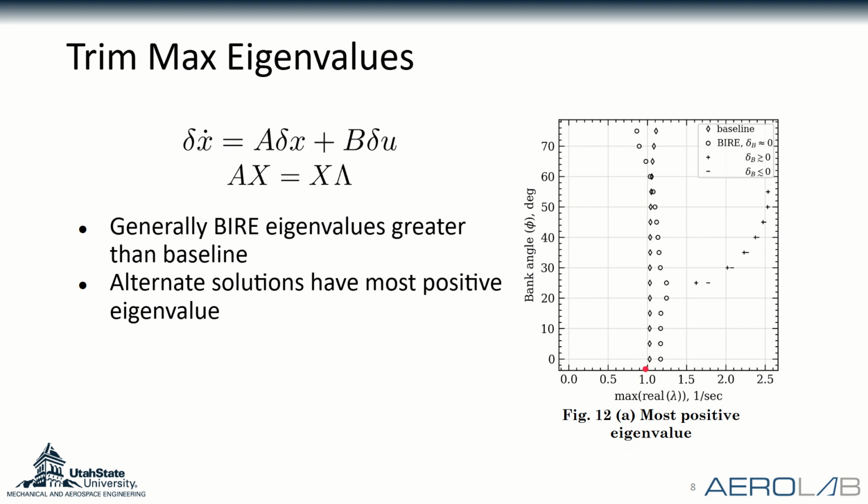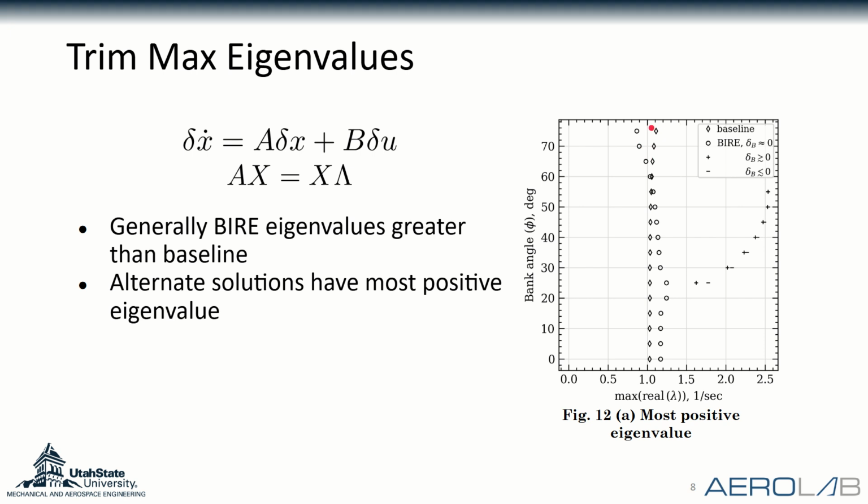Now, you can see the baseline aircraft kind of stays the same. The tail near zero solution, BIRE aircraft kind of is a little close to the baseline aircraft. Generally, the most positive eigenvalue is more unstable for the BIRE aircraft than for the baseline aircraft. Of course, we get to this point out here where the baseline aircraft is more.